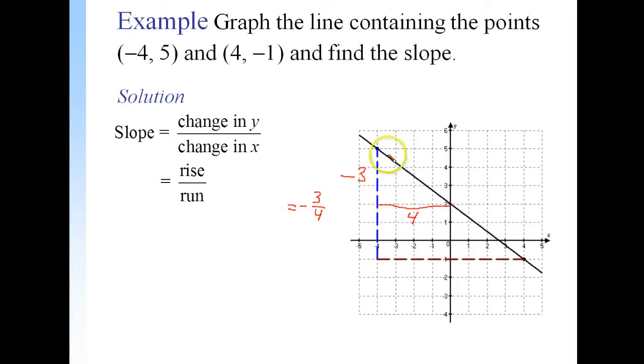So slope is consistent even if you make it a bigger triangle. The key is you have to count where it actually goes through the grid lines, otherwise it's off. So 6/8, 3/4. That is our slope.